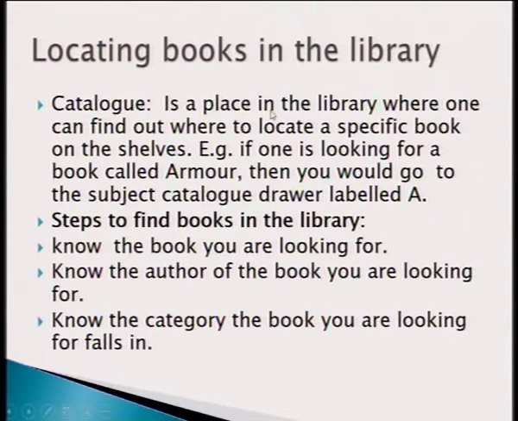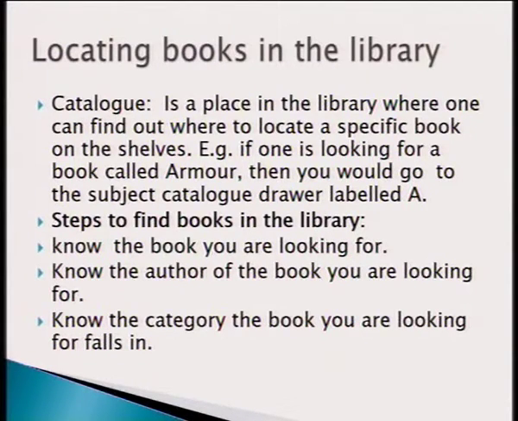Now, in the library, how do you locate books that contain certain information? In the library, there is a feature called a catalog. A catalog is a place in the library where one can find out where to locate a specific book on the shelves.